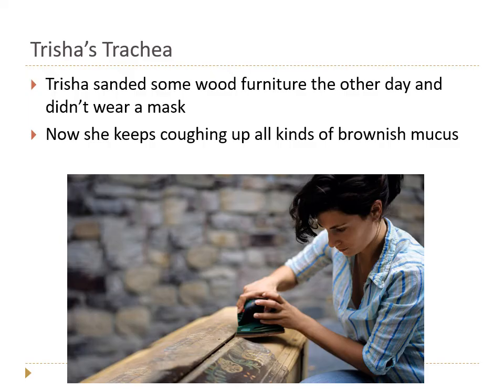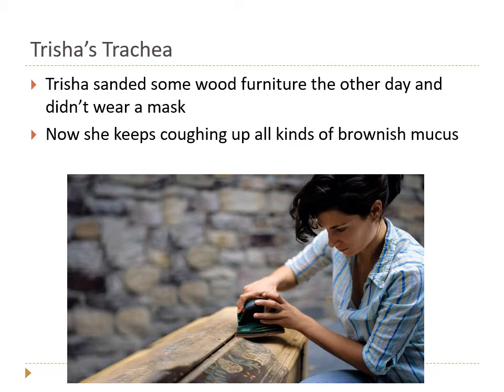All right, so we're going to move down into the lower respiratory tract, still the conducting zone, and talk about the trachea. So Trisha was sanding some wood furniture the other day, and she didn't wear a mask because she donated it to her local hospital, and she doesn't have a sander with one of those handy-dandy vacuum attachments to catch all the dust.